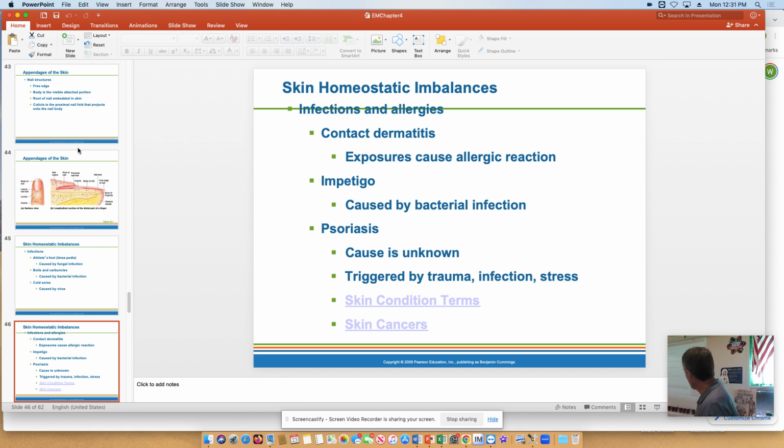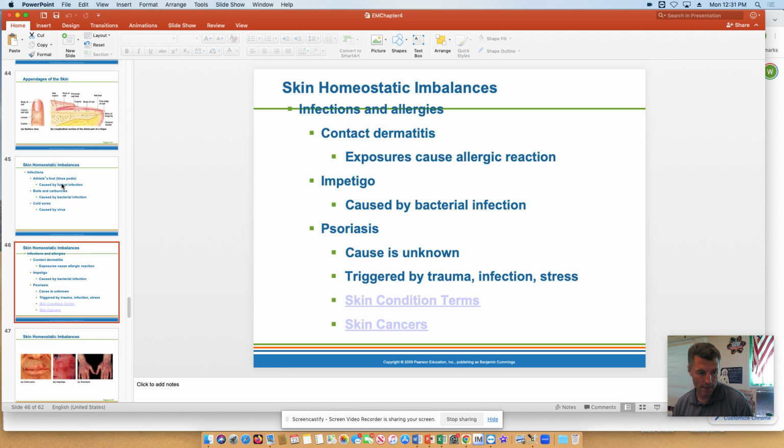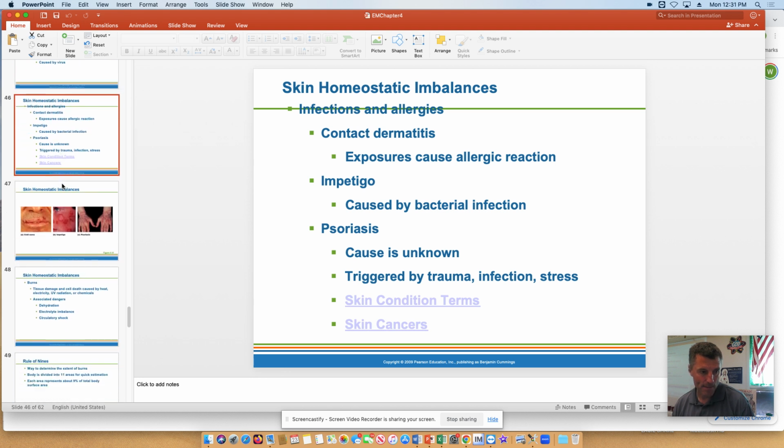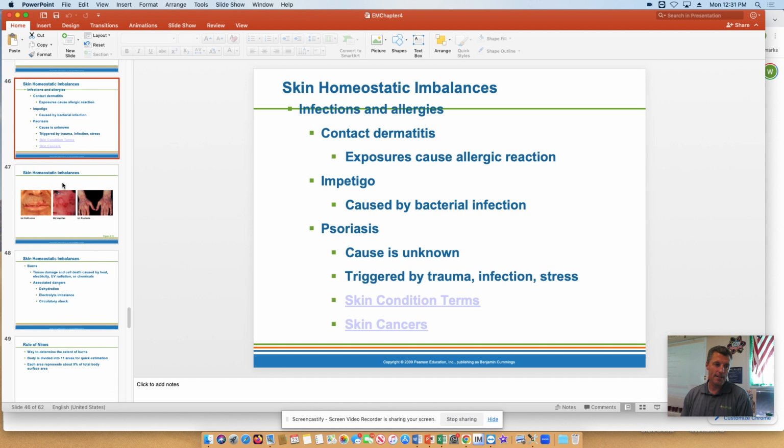Inflammation of the dermis. Impetigo is caused by bacterial infection. You've probably seen impetigo before. Psoriasis, trauma, infection, stress. So we'll look at some of these things.